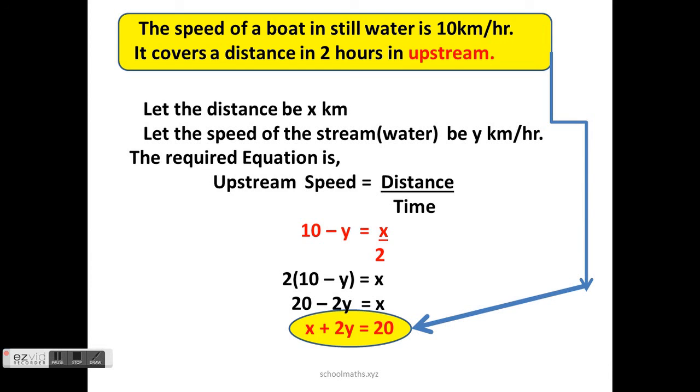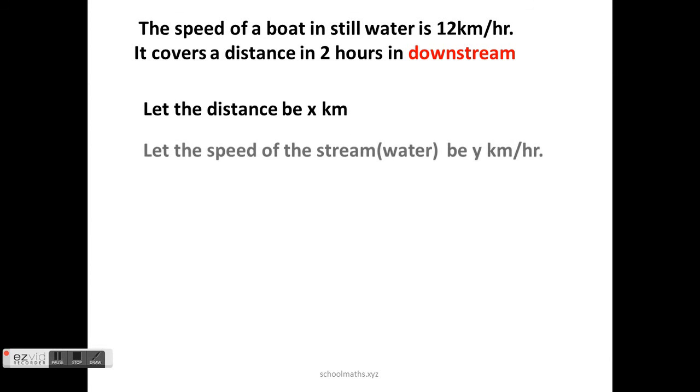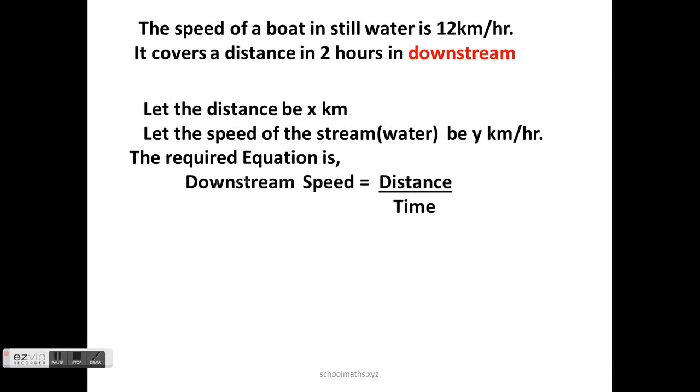Now one question for downstream. The speed of the boat in still water is 12 km per hour. It covers a distance in 2 hours in downstream, with the water, speed will be more. Distance is x kilometer. Speed of the stream is y kilometer per hour. Downstream speed equal to distance by time.